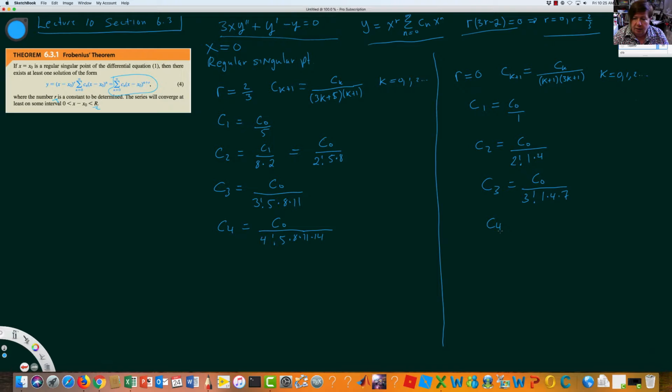And c4 over here is equal to c0 over 4 factorial times 1 times 4 times 7 times 10. And then we're just going to say dot, dot, dot. And we'll say cn is c0 over, because we just look at the pattern. Now, maybe you're not going to be able to find a pattern like this all the time. It's not necessary that you do, but it's kind of nice when you can.